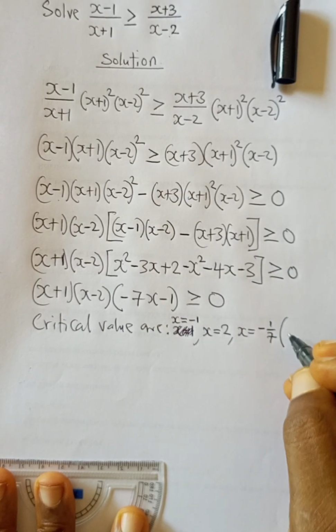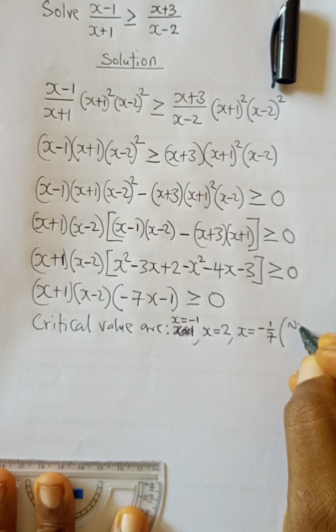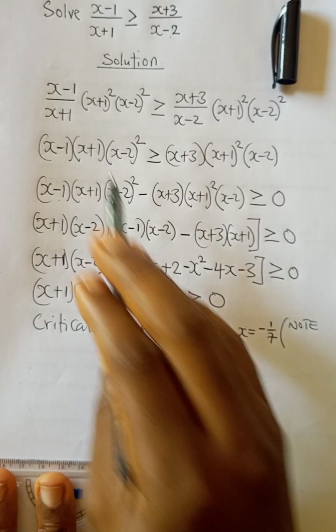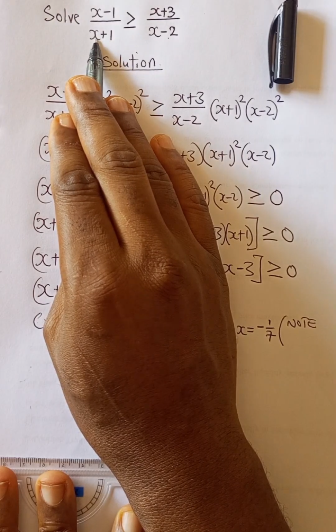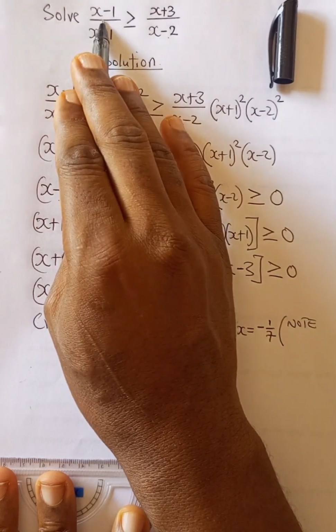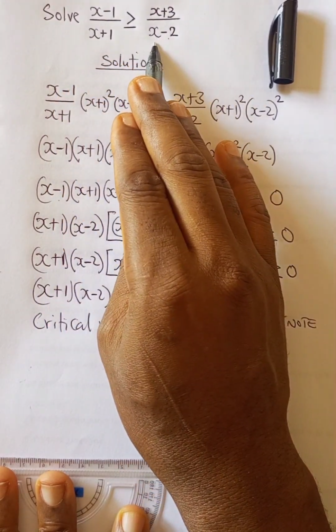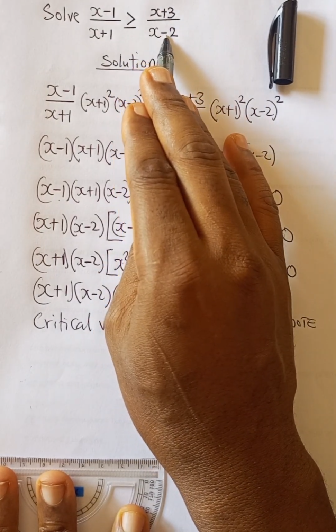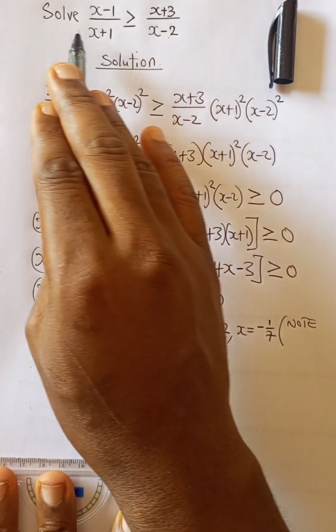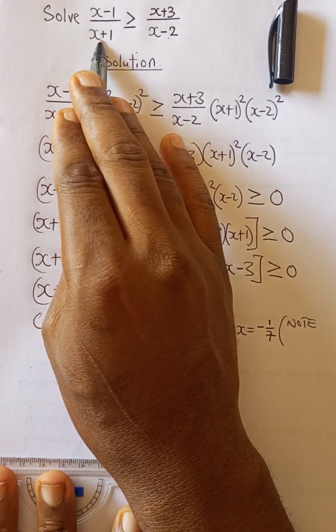But take note. From the original equation, notice that s cannot be minus 1, because if s is minus 1, this is undefined. And if s is 2, this is undefined because that will give you 0 in the denominator. If here is minus 1, that will give you 0 on this side.